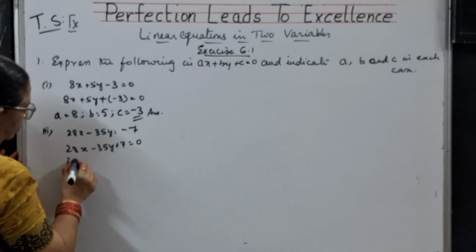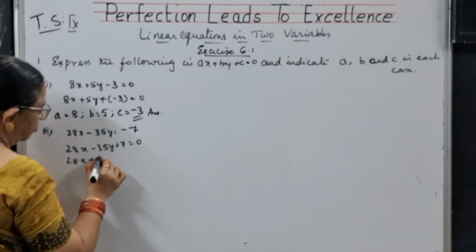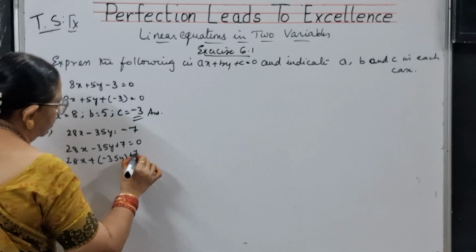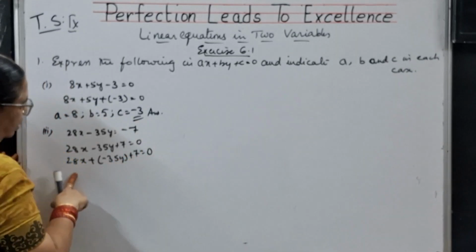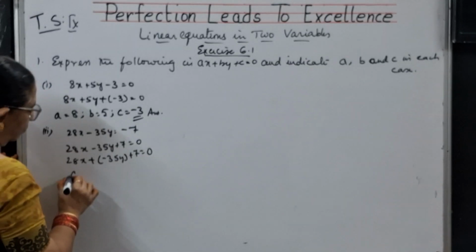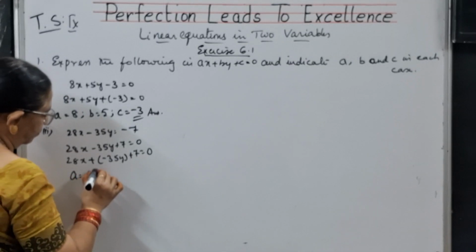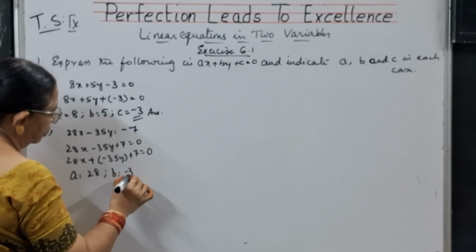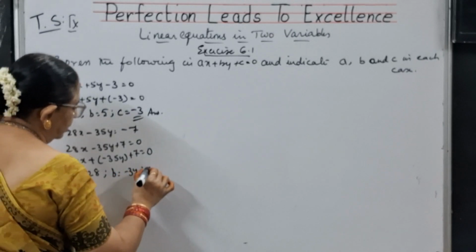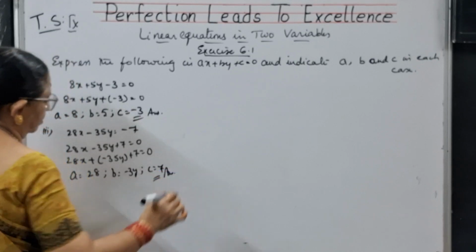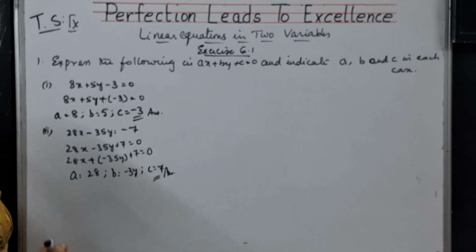This can be written as 28x plus of minus 35y plus 7 is equal to 0, ax plus by plus c is equal to 0. So what is a? Coefficient of x, 28. What is b? Coefficient of y, minus 35. What is c? 7. These are the answers for the second bit, children.